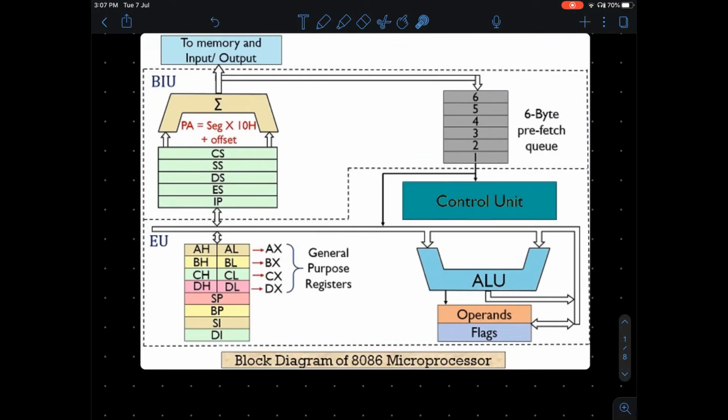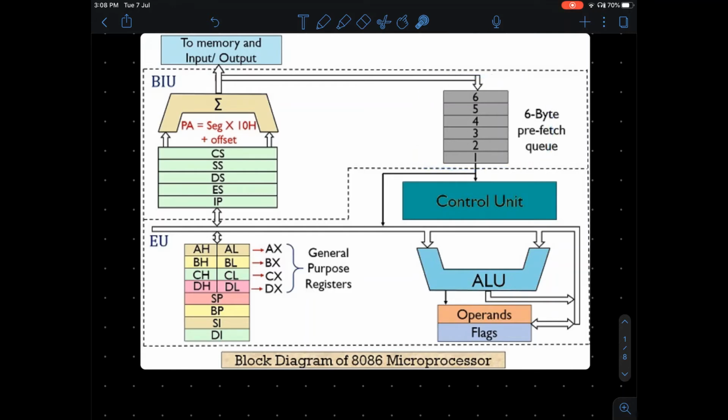Now come to the BIU. In the BIU, there is a 6-byte prefetch queue. What is the function of this 6-byte prefetch queue?